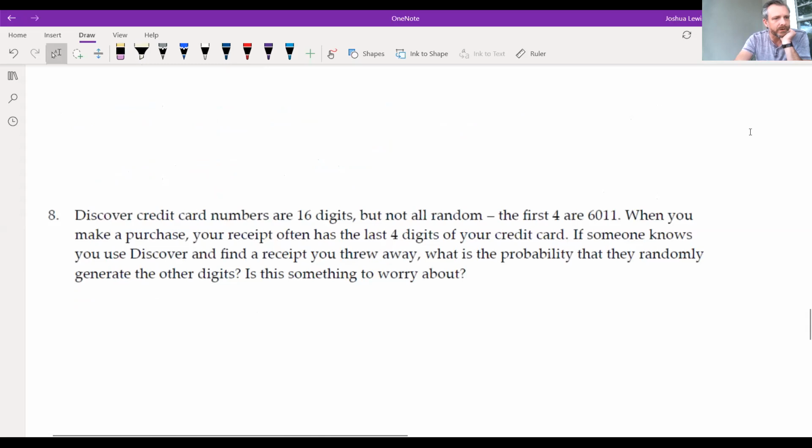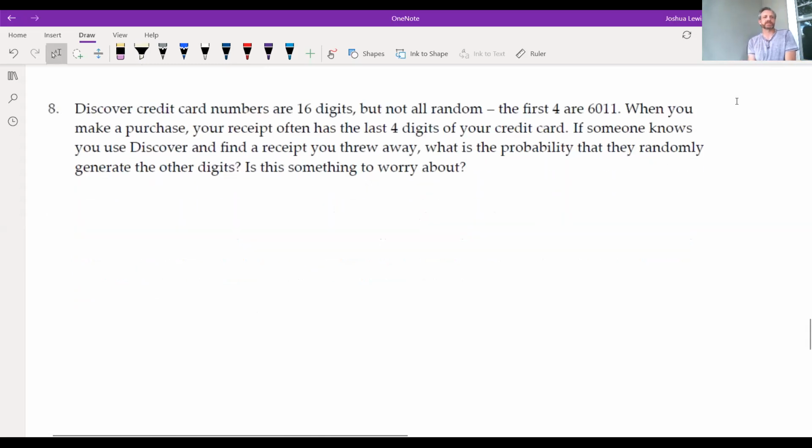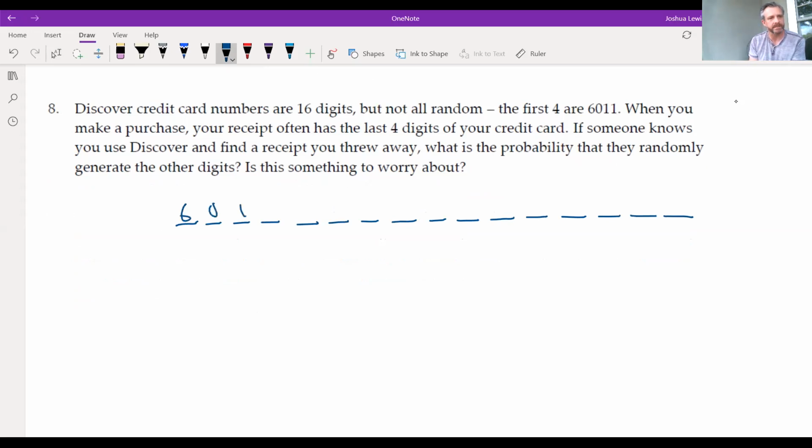All right, number 8. Discover credit card numbers are 16 digits, but not all are random. So you've got 16 digits: 1, 2, 3, 4. 1, 2, 3, 4. 1, 2, 3, 4. And 1, 2, 3, 4. Now the first 4 digits of a Discover card are 6011.